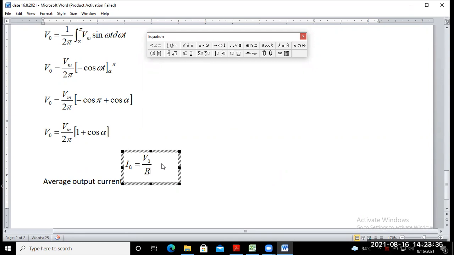Okay. So just put here the value of average output voltage, that is nothing but Vm by 2 pi into 1 plus cos alpha.